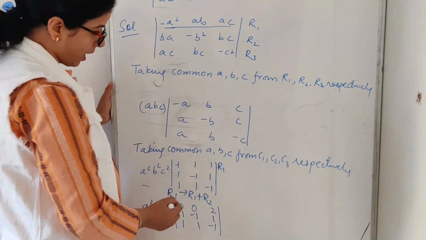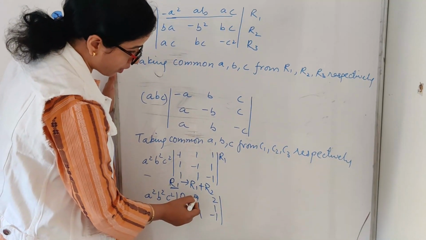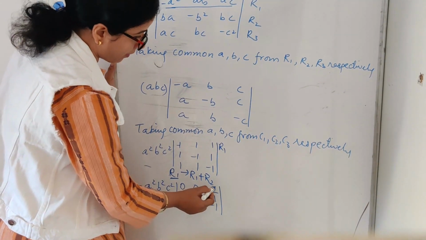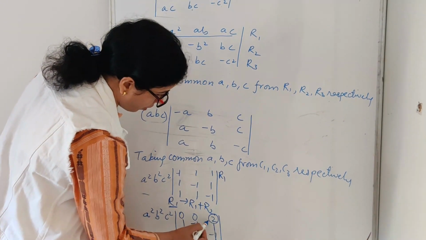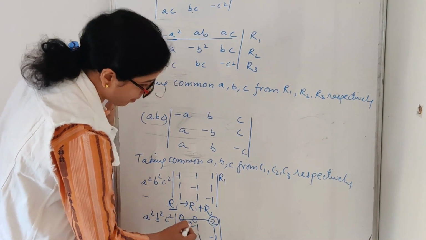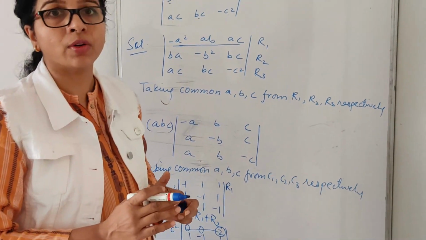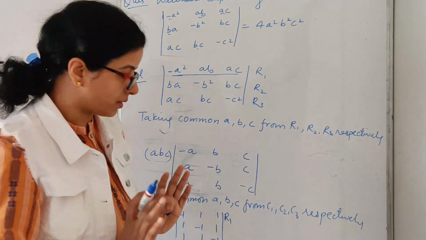Now, since I have got two zeros in R1, I will expand through this element. Leave the corresponding row and column. What is the submatrix left? We will find the determinant of that and we'll get the required answer.